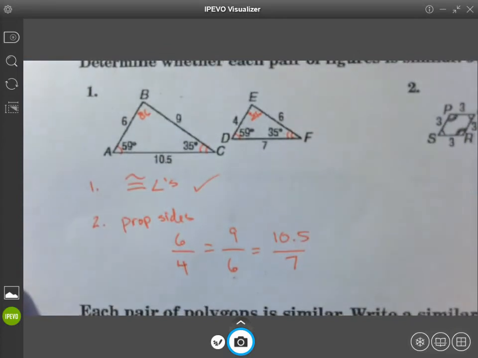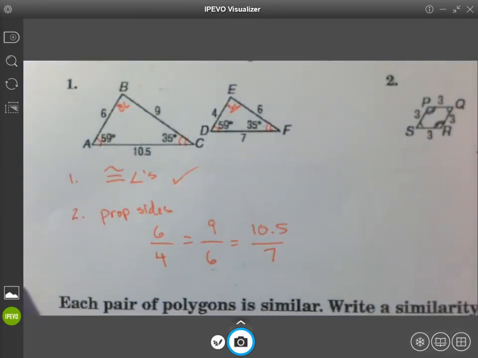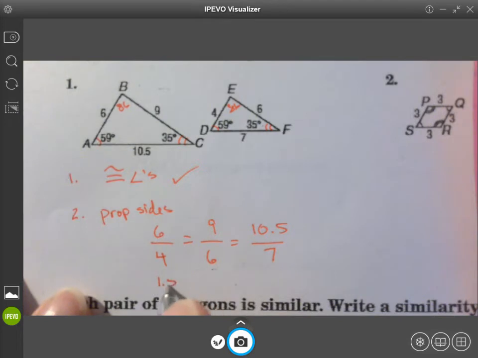Now, rather than worrying about reducing fractions, I'm going to go ahead and just divide and get each decimal. So you would take 6 divided by 4. I'm not even using the fraction key, I'm using division. I get 1.5. And some of you would recognize this would be the same 3 halves, 3 halves. So we would also get 1.5 again by dividing this. And then this is the one you might have to think about some.